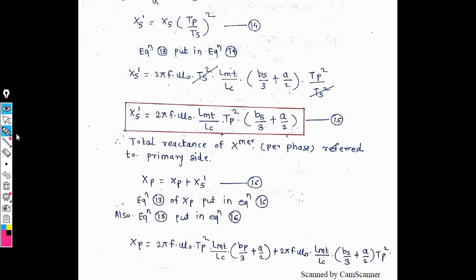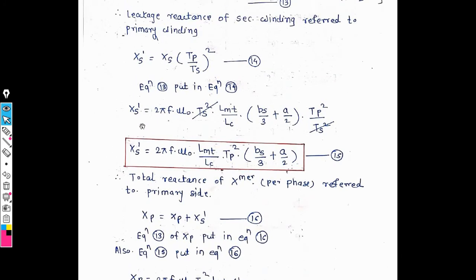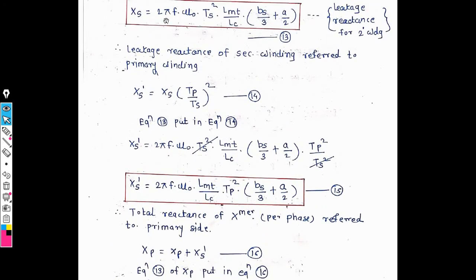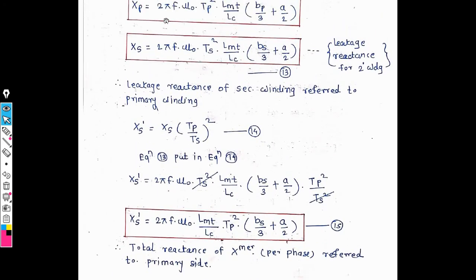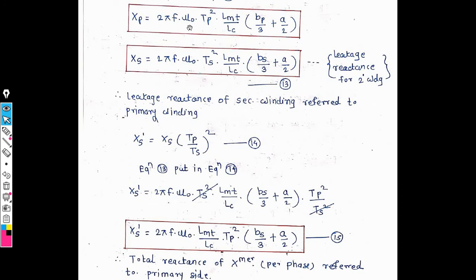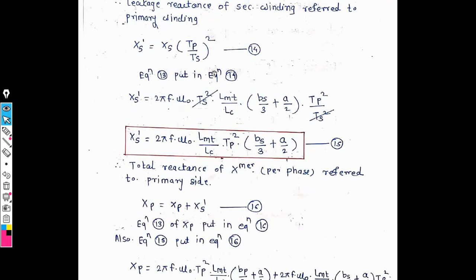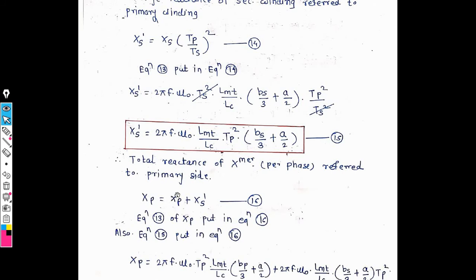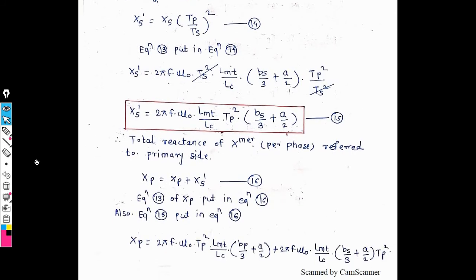This is the value of Xp: 2 pi f into mu 0 into Tp square into length of mean turn upon Lc, Bp upon 3 plus A by 2. This value is put here, then the value of Xs dash is put here.